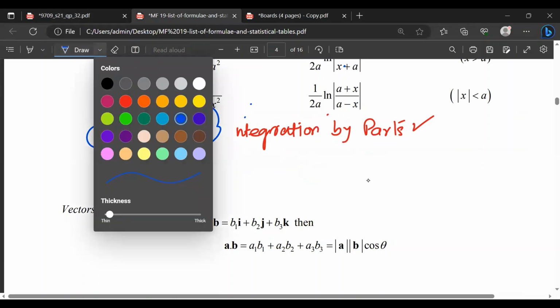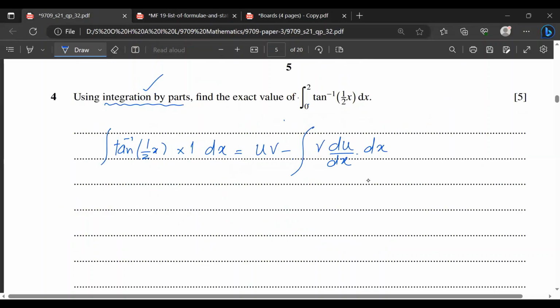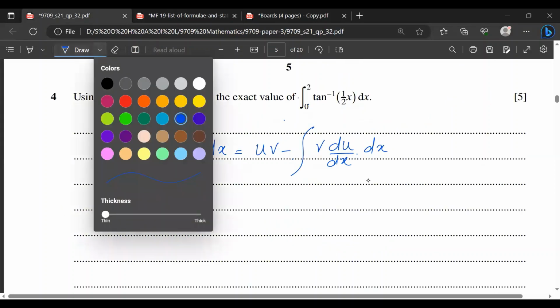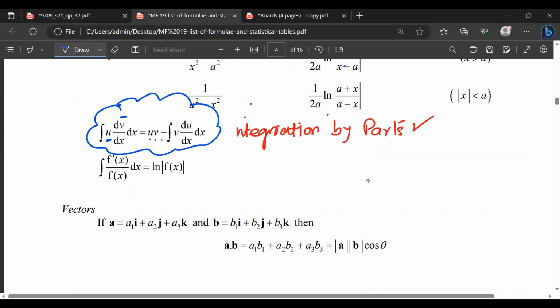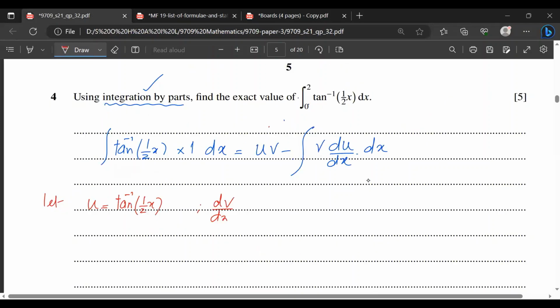So in this case, there are two functions. Let u is equal to tan inverse half x and dv by dx. As I said earlier, one is u, the other is dv by dx.